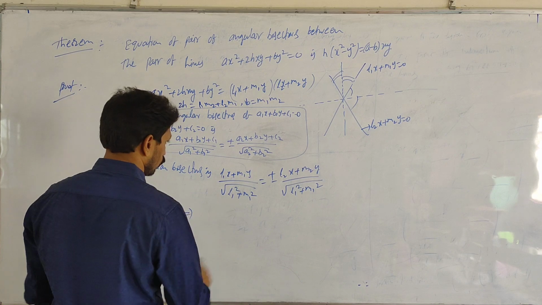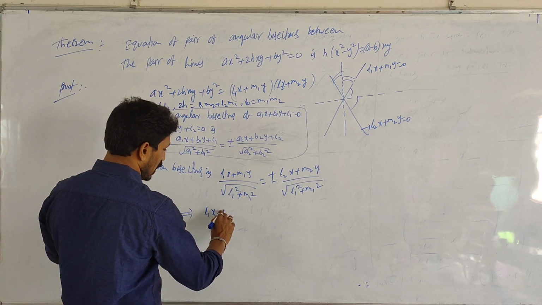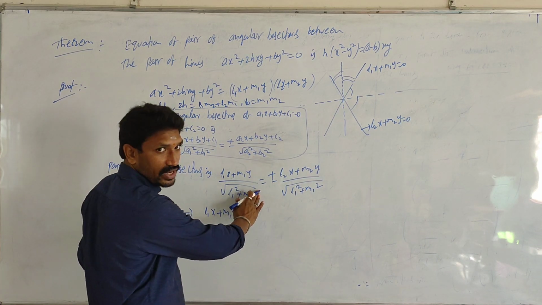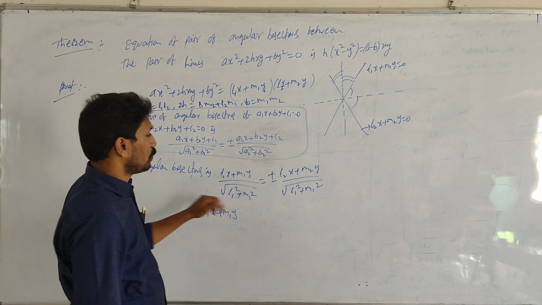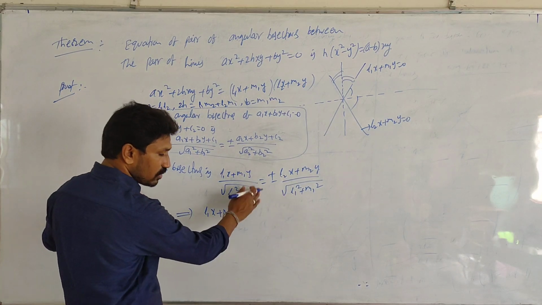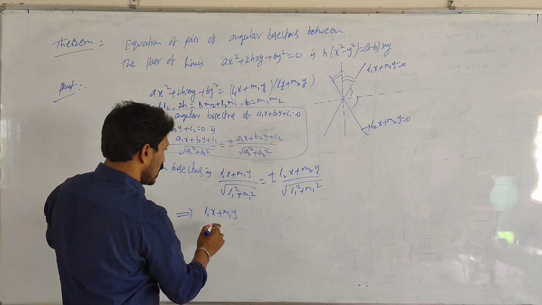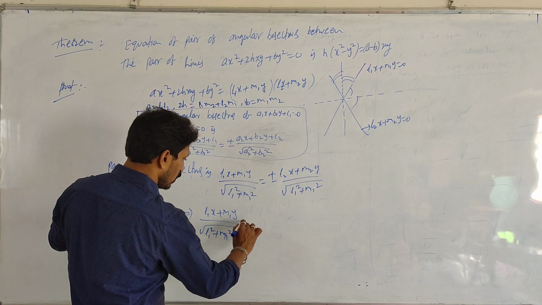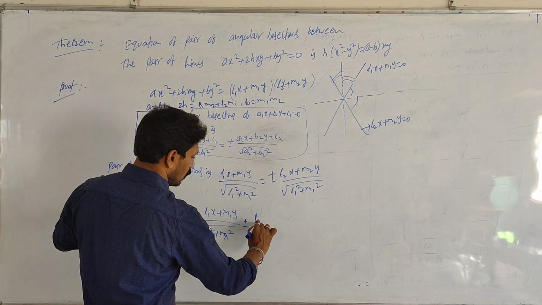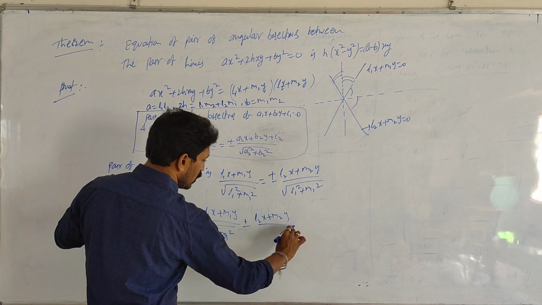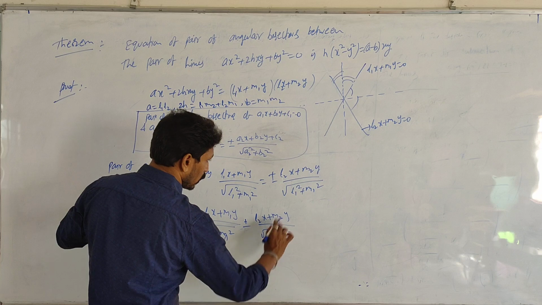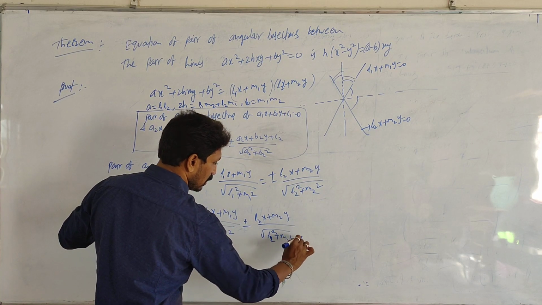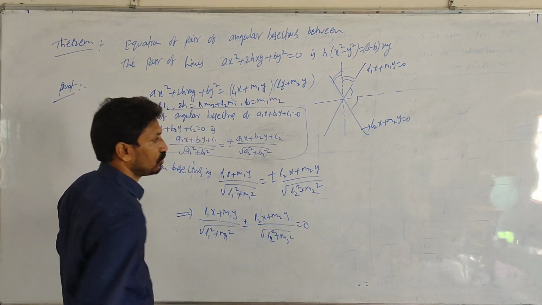So this implies l1x plus m1y, or you write plus or minus here. If you write plus or minus, transpose to this side also, you get l1x plus m1y by root over l1 square plus m1 square plus or minus l2x plus m2y by root over l2 square plus m2 square is equal to 0.